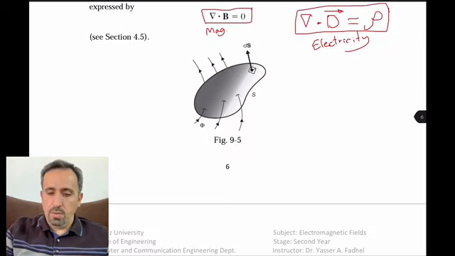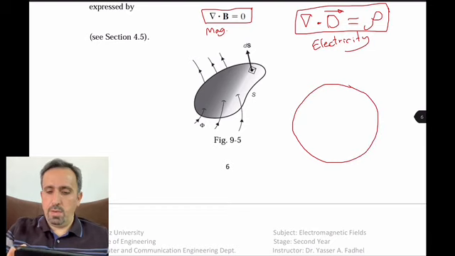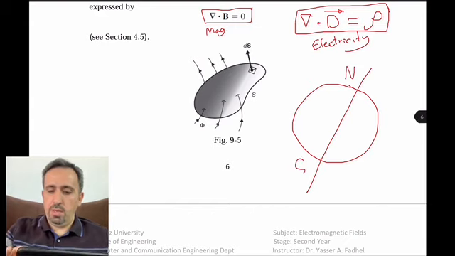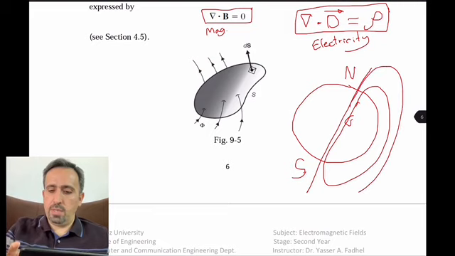If you have the axis here, this is the North Pole, this is the South Pole, then you will get the lines of natural magnetism.